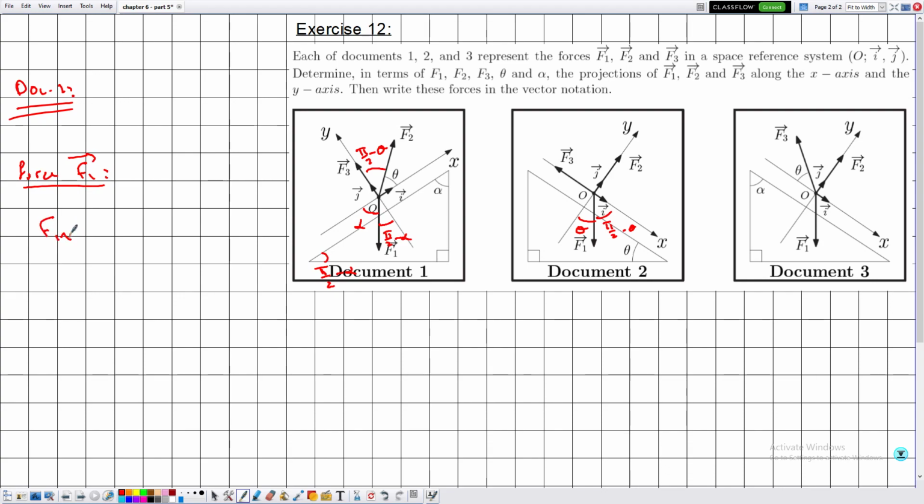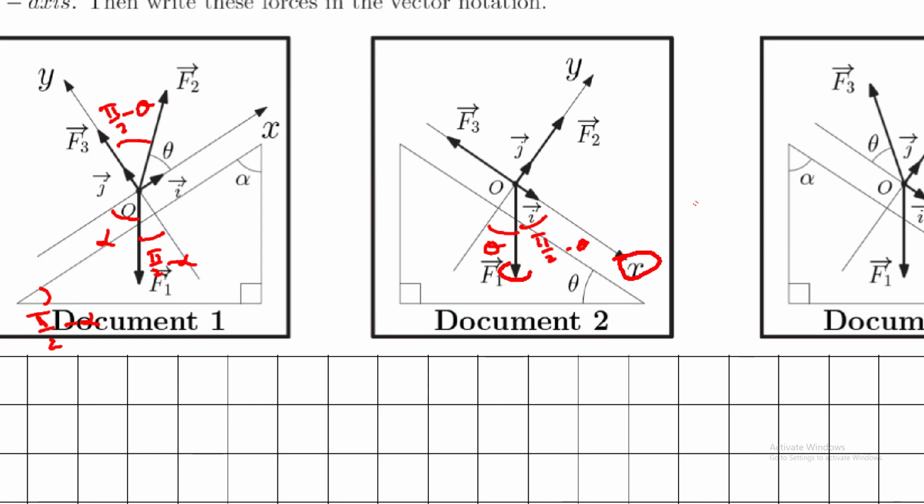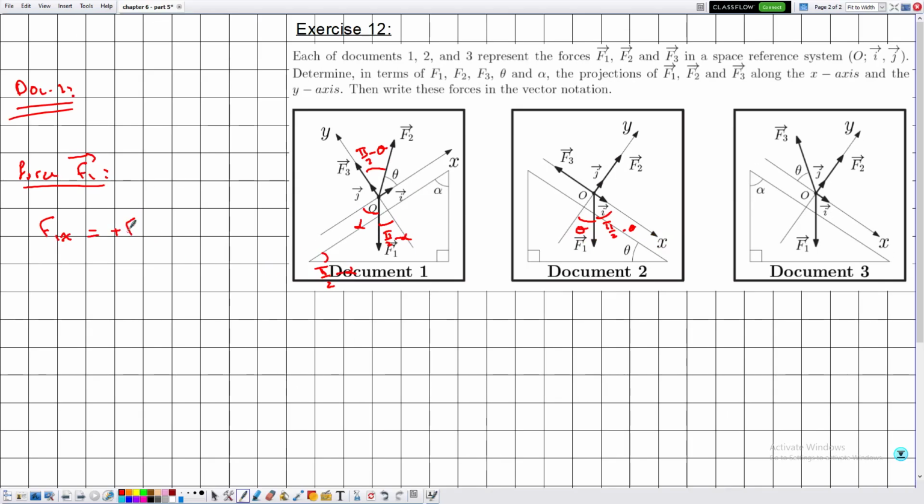Then F1x is equal to, it's pointing in the positive direction of the x-axis, so it's plus F1 multiplied by cosine pi by 2 minus theta, which is equal to F1 sine theta. So F1x is given by F1 sine theta.